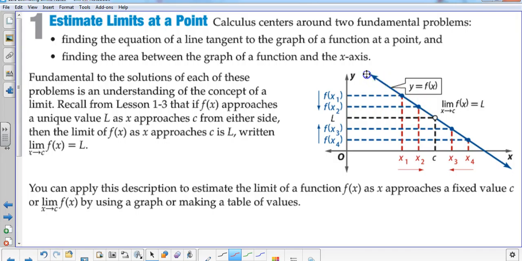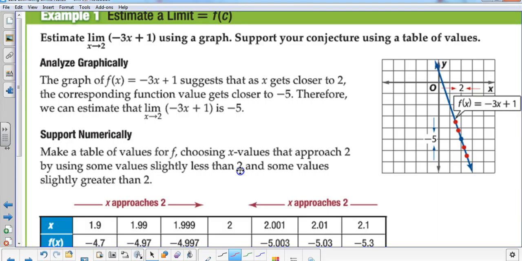As you get closer, if I ride down this graph, I get closer and closer to a y value of L. If I go upwards along this graph of the function, I get closer and closer to L. So even though there is a hole here in the graph, this blue line has a limit at C of L. Now, what you're going to be told is the limit as x approaches C. The answer you want to give is what y value it's approaching. So that's the important thing here: we always need to remember we're looking for a y value.